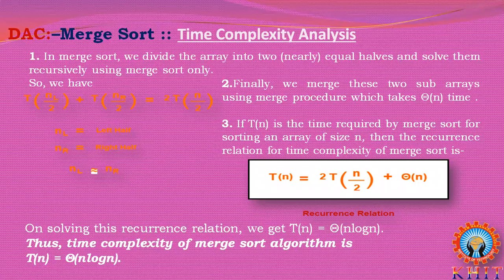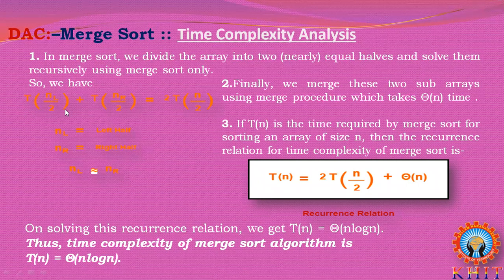Now we will see another way of analyzing the time complexity of merge sort. In merge sort, initially we divide the array into two equal subparts and solve them recursively using merge sort. So T of n by 2, L means the left side sub array.